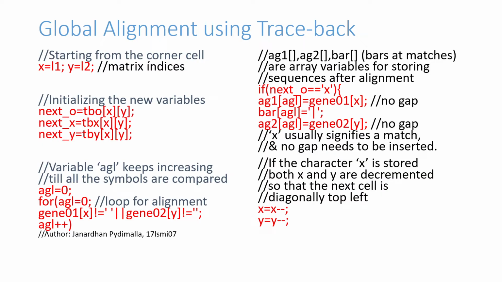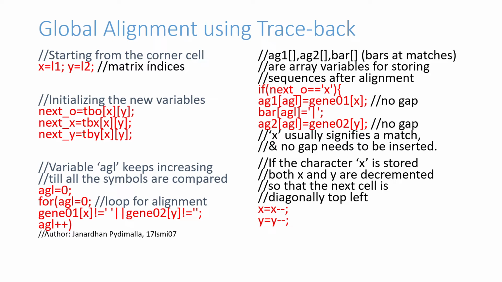This is how I implemented global alignment using traceback in the C program. I initialized two variables x and y with the lengths of the sequences L1 and L2. This makes sure that the traceback begins from the bottom right.